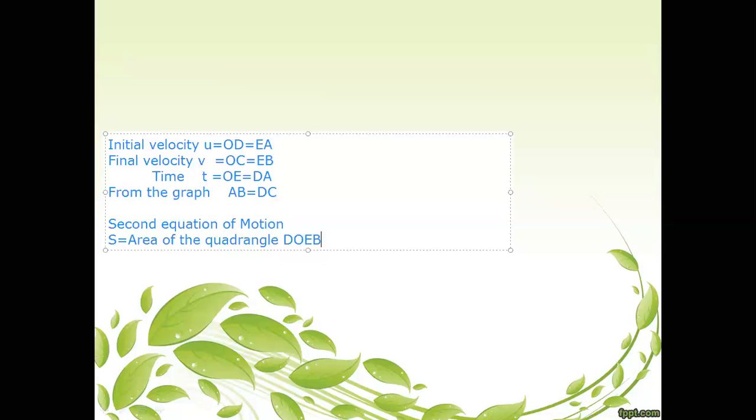So we write the area of the quadrilateral DOEB equal to area of the rectangle DOEA plus area of the triangle DAB.